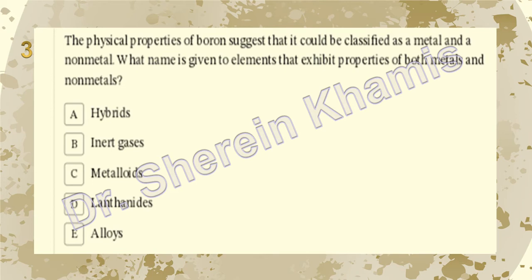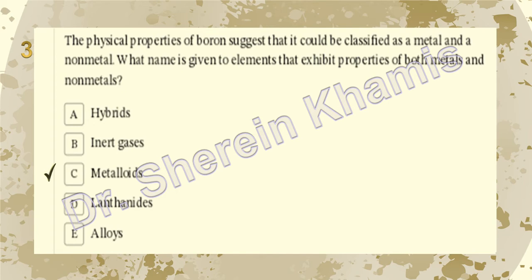We have metals, non-metals, inert gases, and in between metal and non-metal we have metalloid or semi-metal elements. They have both the properties of metals and non-metals, like being able to conduct electricity while in a gas state. So the right answer will be number C, metalloid.